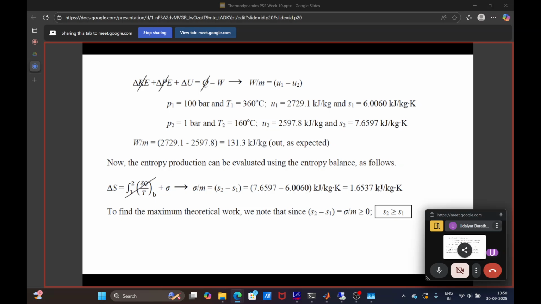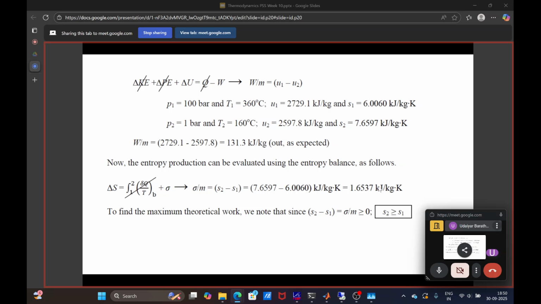But in an actual case, this turbine will have bearings inside, ball bearings, or magnetic or whatever kind of bearings the turbine uses, and there will be heat transfer and so on.